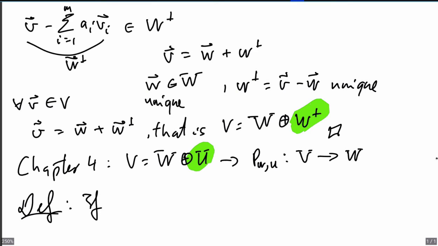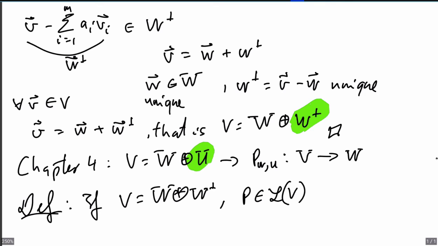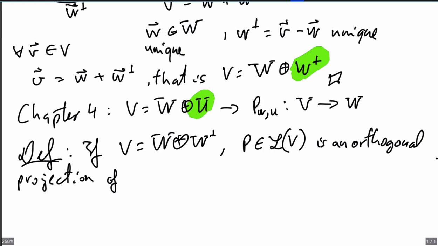Definition: if V equals W direct sum W perp, then P, a linear operator from V into V, is an orthogonal projection of V onto W if we have two properties.